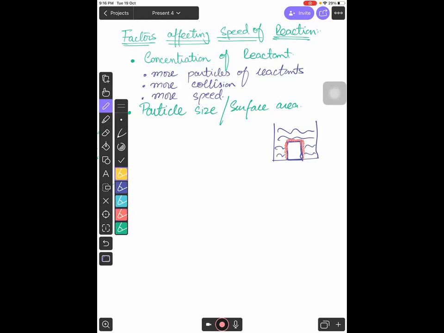But the thing is, the inner atoms or the inner particles of iron are safe. They are not in the interaction with water, right? When they are not in the interaction, definitely they are not going to react, right? बच्चों, अंदर वाले react नहीं कर रहे हैं, उसकी वजह क्या है? क्योंकि they are not in the interaction with water, वो पानी के molecules के साथ interact हो ही नहीं रहे हैं, ठीक है?